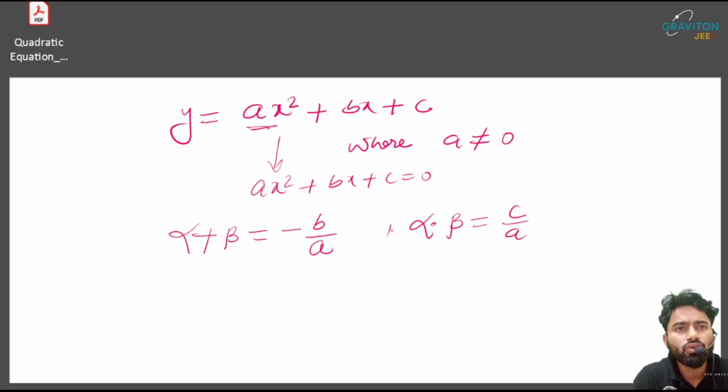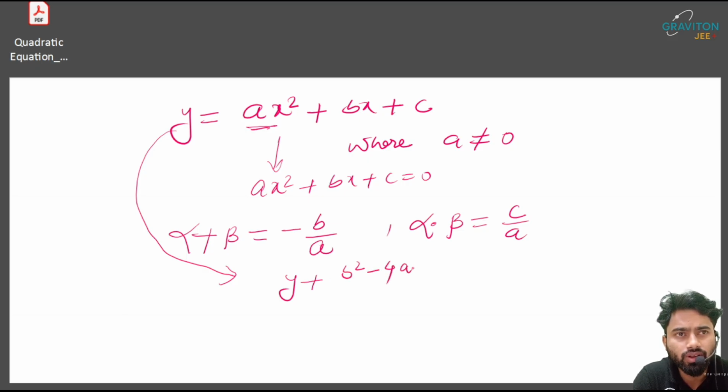We also discussed that you can transform this expression into y plus (b square minus 4ac) upon 4a equal to (x plus b upon 2a) whole square.